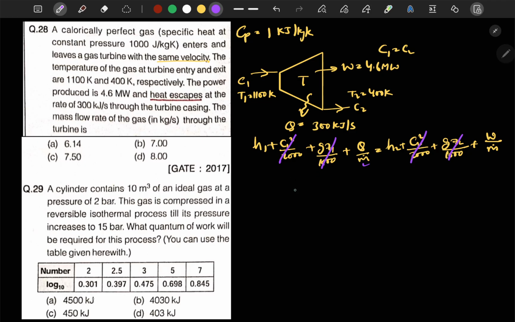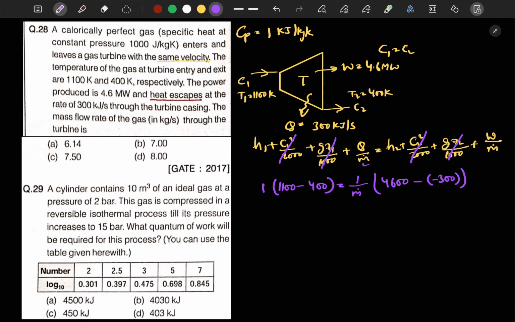So we can reduce this equation as H1 minus H2. The value of H1 will be Cp into T1, where T1 is 1100, minus T2, which is 400. Taking Q by m dot on the other side, we can take 1 by m dot common, and we obtain W is 4600 kilowatt minus Q dot, which is 300. Q already has the negative sign convention because it is leaving from the surface.